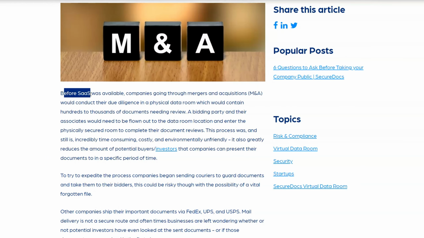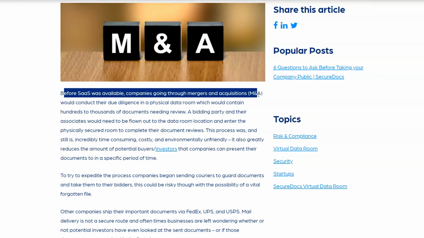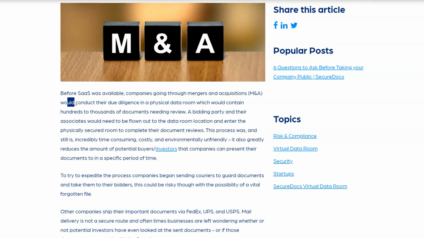Before virtual data rooms, companies going through a merger and acquisition, or M&A, would conduct their due diligence in a physical data room, which would contain hundreds to thousands of documents needing review.